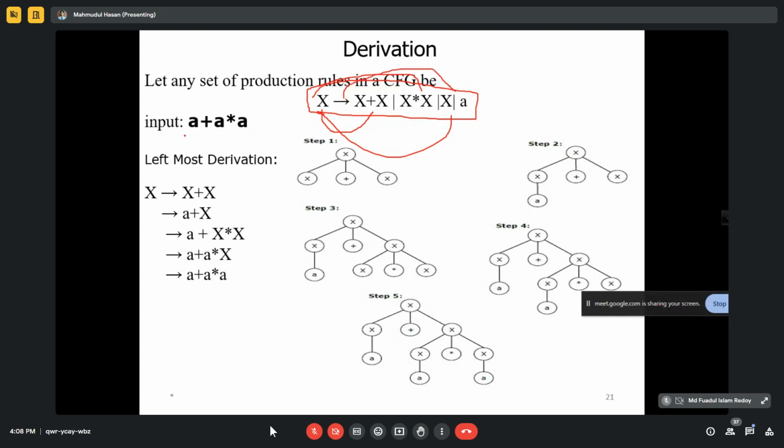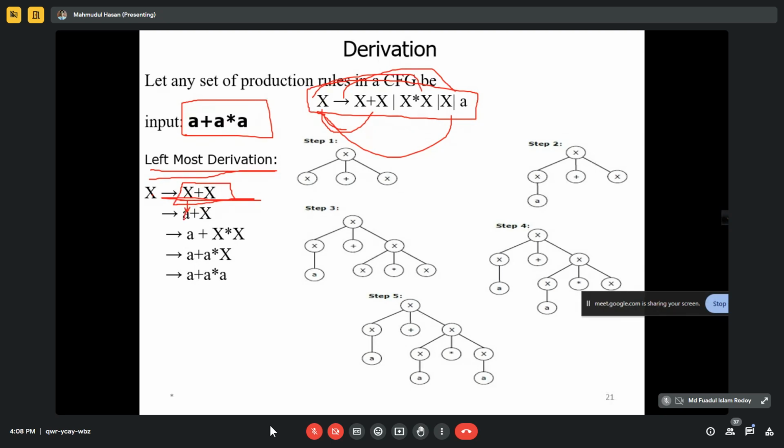And this is your input. Suppose at first you are applying leftmost derivation. You choose X to X plus X. As we are following leftmost derivation, at first we need to change this X.